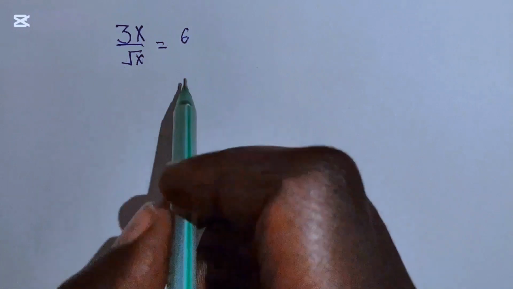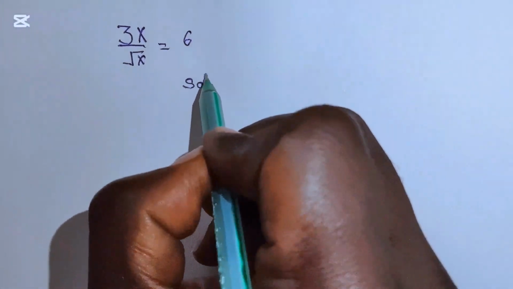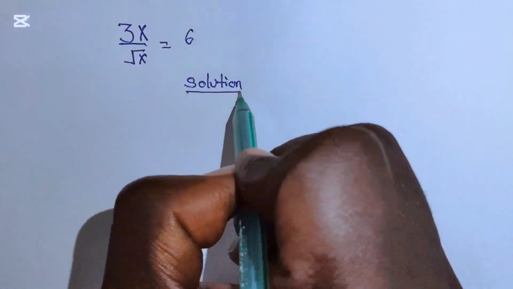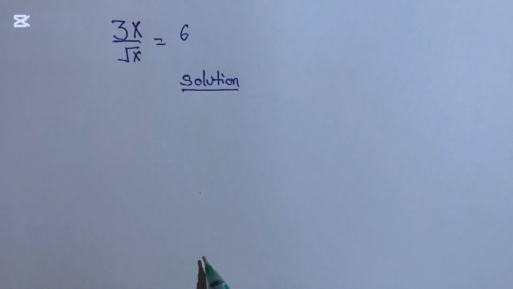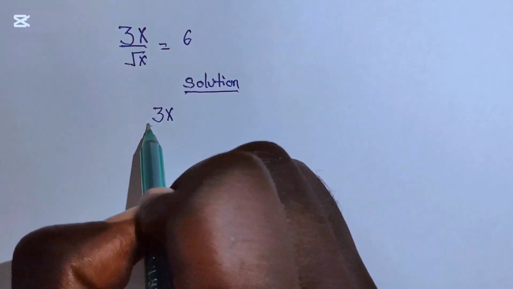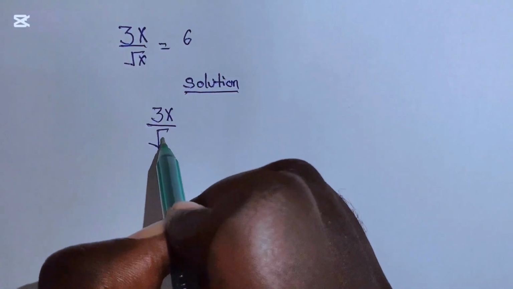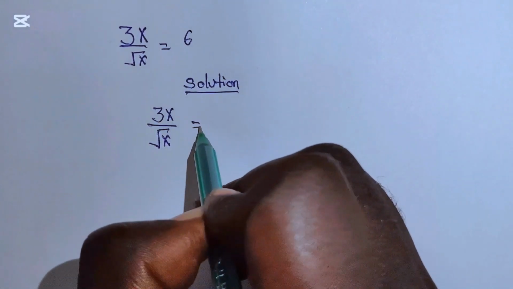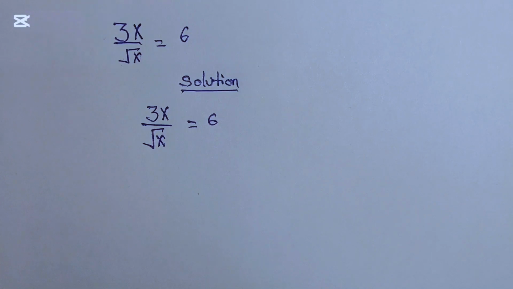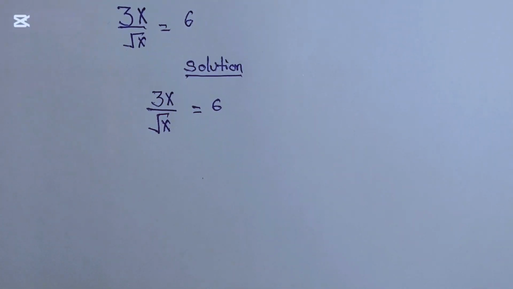Let's provide the solution, very quickly. Let's copy what we have: 3x over the square root of x, which equals 6. Then we can use the formula we have been given.